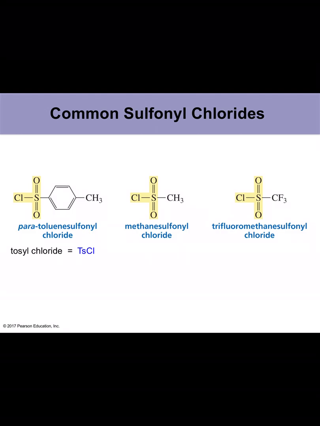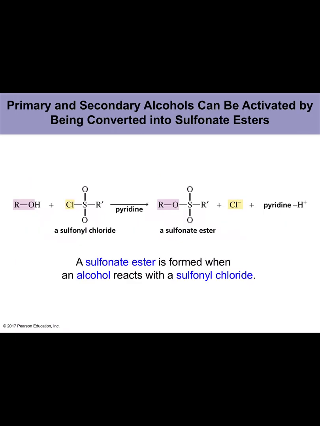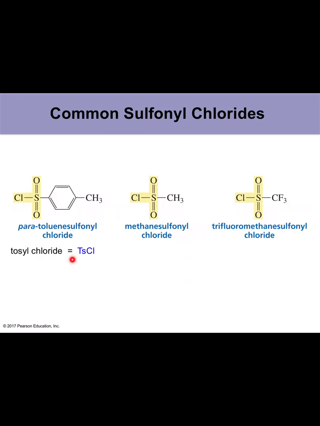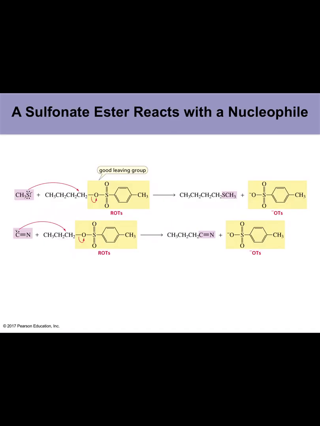And these are some common sulfonyl chlorides. Paratoluene sulfonyl chloride, we also call it TsCl, or tosyl chloride. And then another one, methane sulfonyl chloride, trifluoromethane sulfonyl chloride. So these are common sulfonyl chlorides.